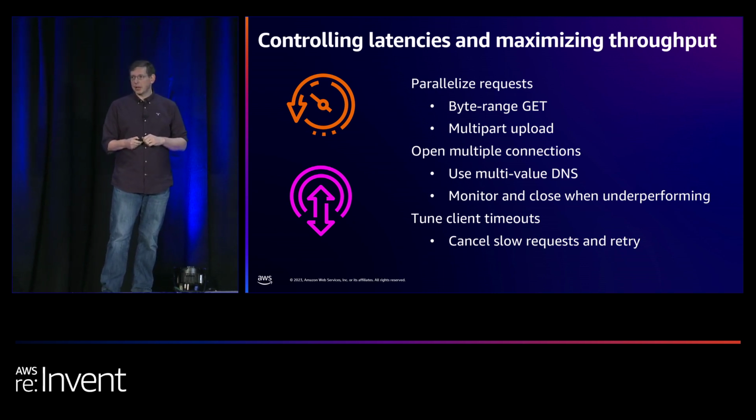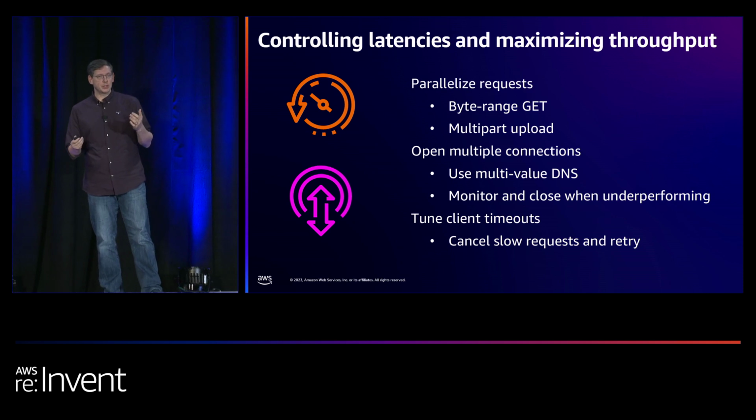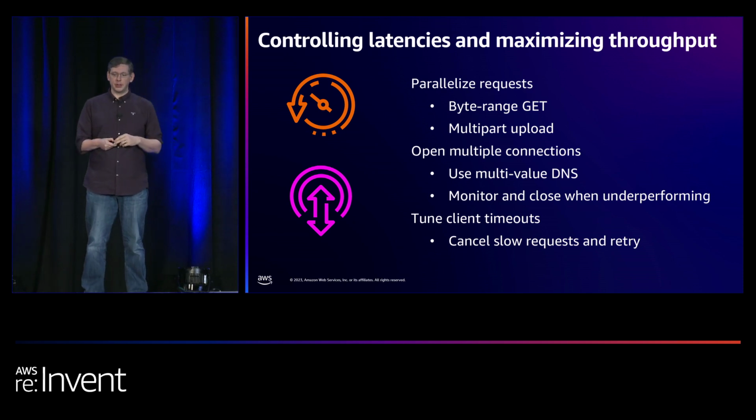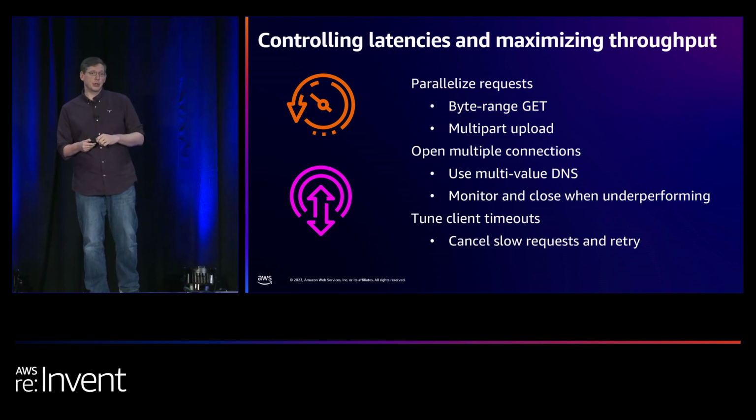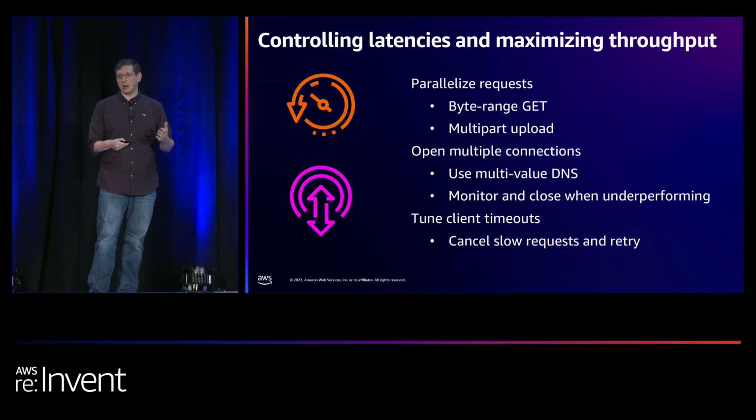And finally, it was a bit out of scope for this talk, but when designing for maximum throughput in S3, we see things like cross-NUMA domain memory accesses can significantly impact your throughput. And in that case, you'll want to ensure that your threads are pinned or bound to specific NUMA domains for the entire lifetime of the request and connection.